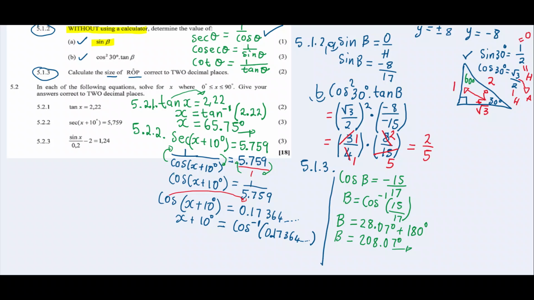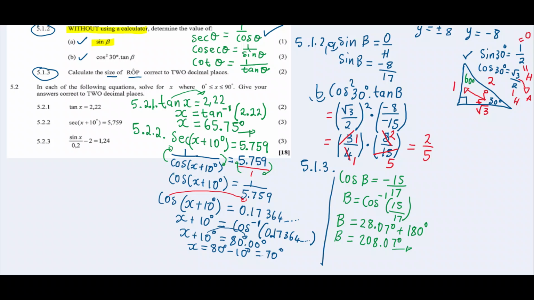We put that inside the calculator. We say shift cos, then we punch those numbers inside. We'll get that the answer on the right hand side is simply 80.00 degrees. If we transpose this 10 to that side, we'll get that x is going to be 80 minus 10, right?